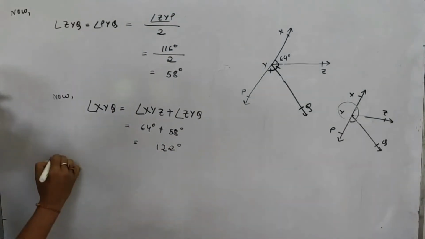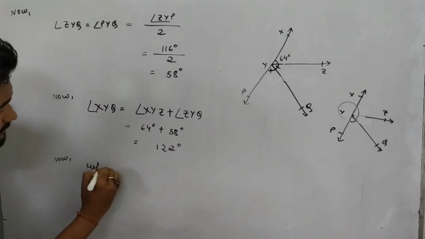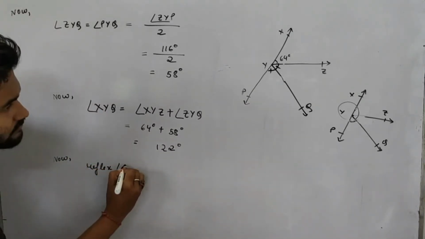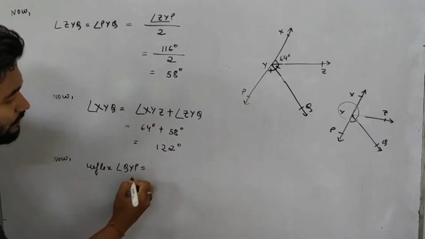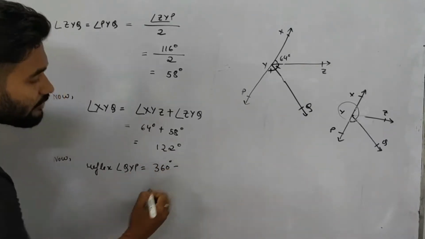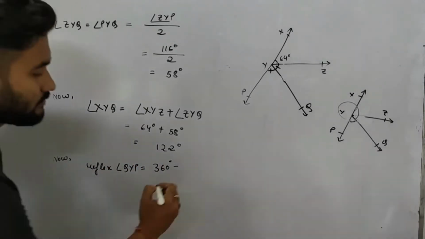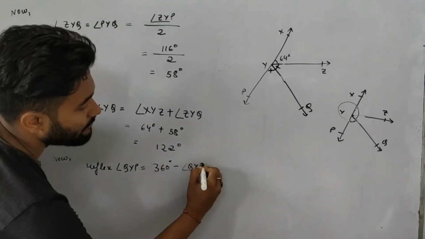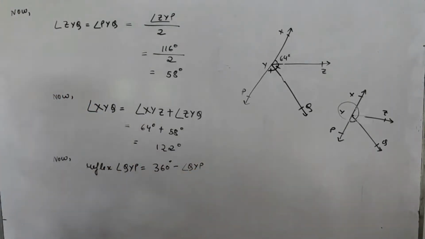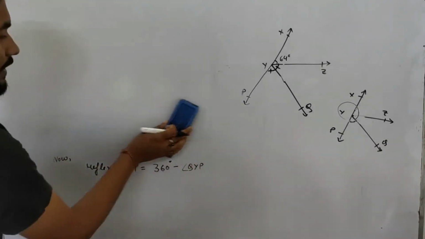So we can say that now reflex angle QYP will be what? Very simple formula. From 360 degrees you have to subtract that angle. Which angle? QYP. So simply calculate, you will get the answer.